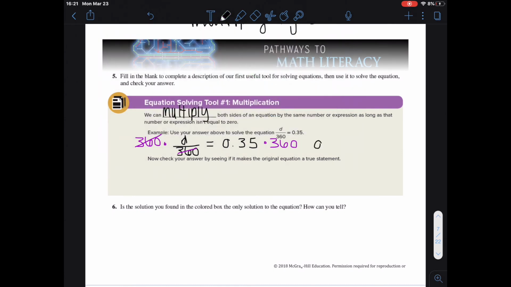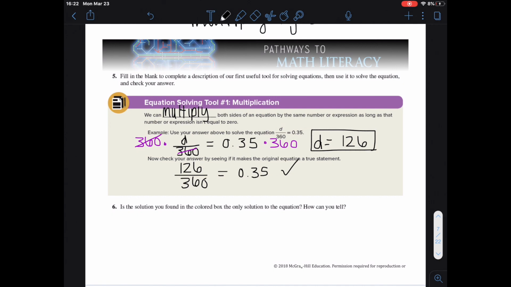This gives us d is equal to 0.35 times 360, which is 126. So we get this solution, and we want to check it's true by plugging it back into the original equation. So d is 126. If you divide 126 by 360, yes, that's going to equal 0.35. So you get a true statement.